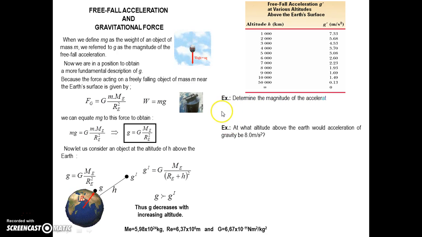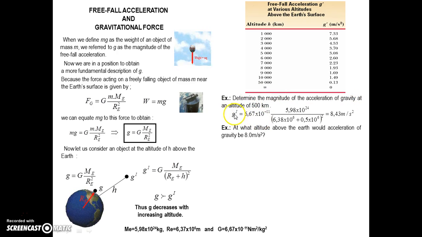An example: determine the magnitude of the acceleration of gravity at an altitude of 500 km. We'll use this formula: g equals G times the mass of the Earth over the radius of Earth plus h, squared. G is a constant, 6.67 times 10 to the power minus 11.